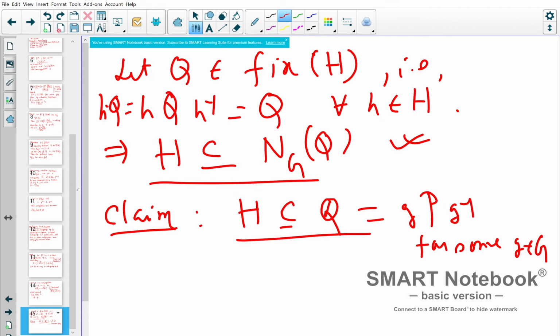So this is the claim. Now how to prove that H is sitting inside Q, where Q is an H invariant point of X?